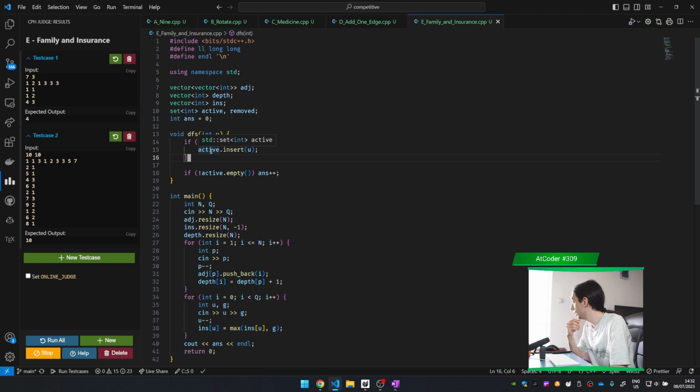I kind of want to have like a priority queue or something, which will hold the greatest depth. Yeah, so I want some priority queue.